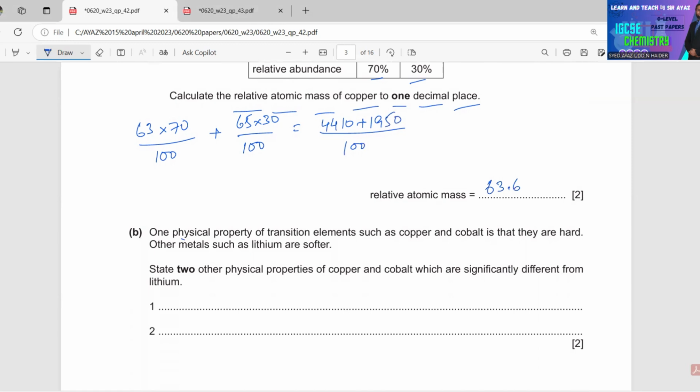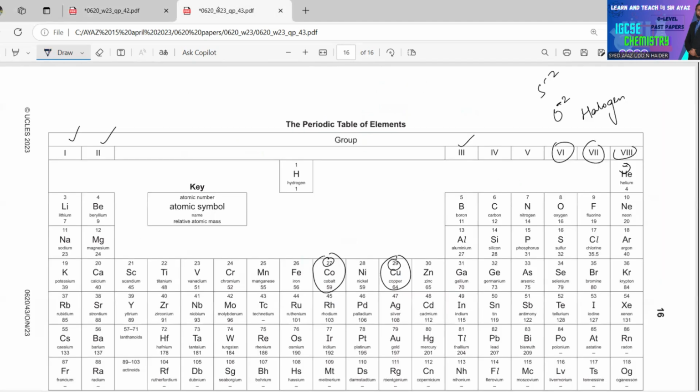B. One physical property of transition elements such as copper and cobalt is that they are hard. Other metals such as lithium are softer. State two other physical properties of copper and cobalt which are significantly different from lithium. So lithium is a group 1 metal. Here is lithium.